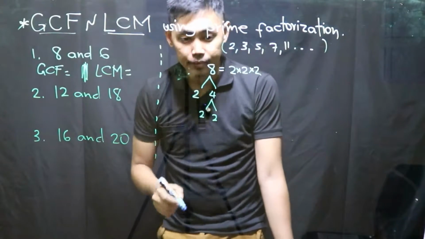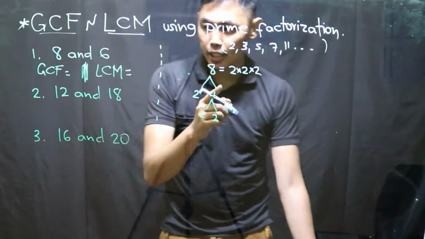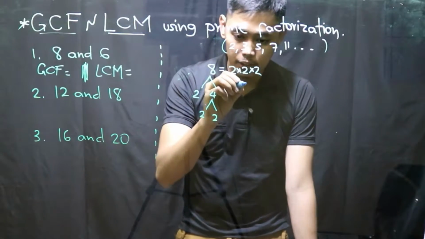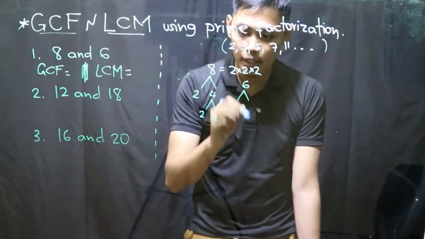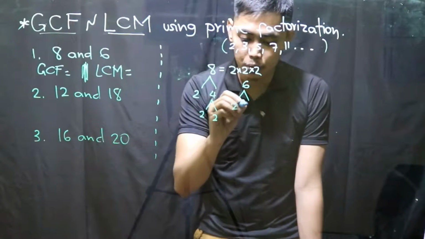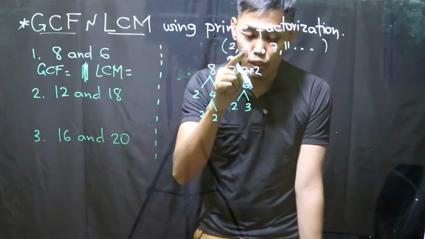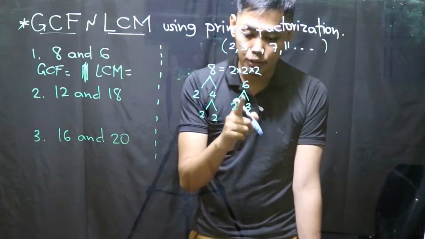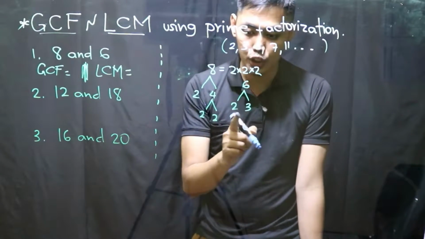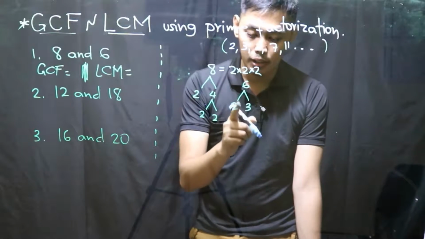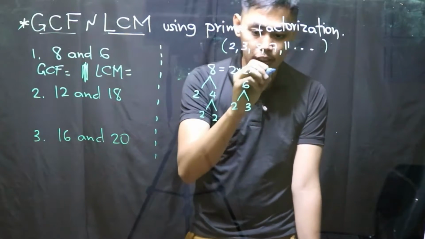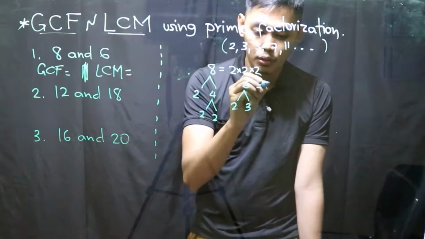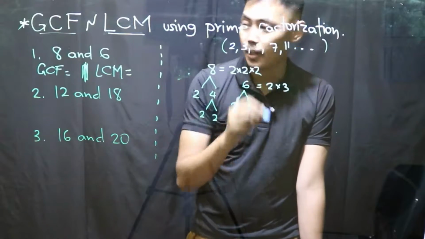Right? Okay. How about 6? 6 can be divided by 2, which is 2 times 3. And since 3 is already prime, we cannot divide anything. So this is the prime factorization of 6. So 6 is equal to 2 times 3.